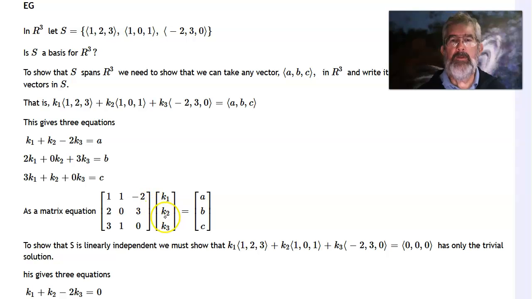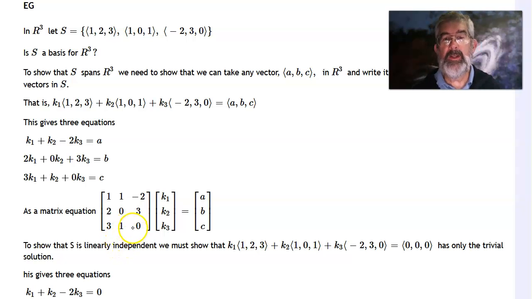Now, there are some things we know about this system, again from chapters 1 and 2. We know that this system has a solution for every single vector you put over here if, and only if, this matrix is invertible. There's this whole theorem we had of the following are equivalent.